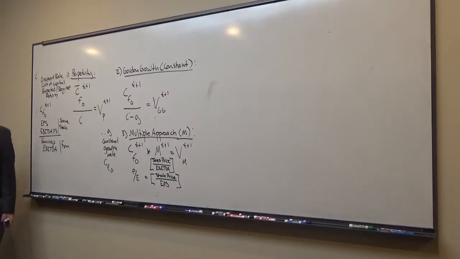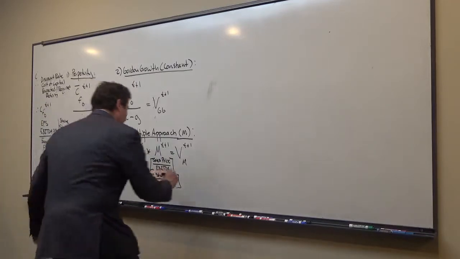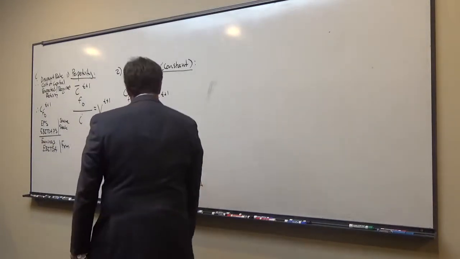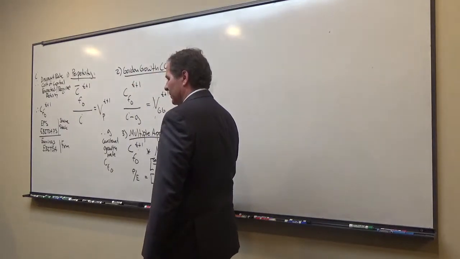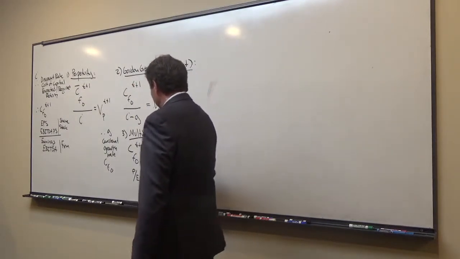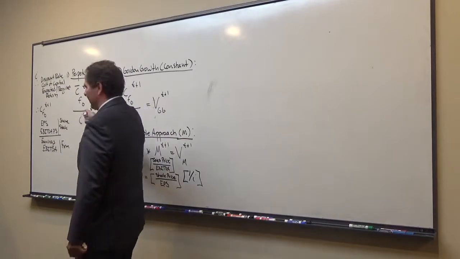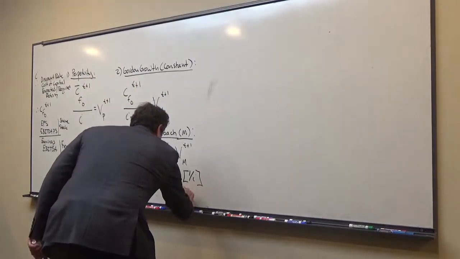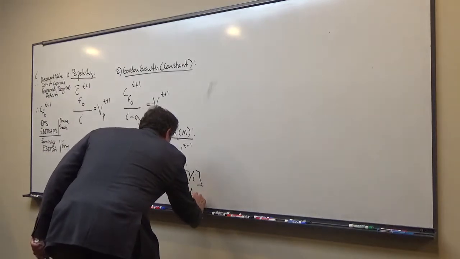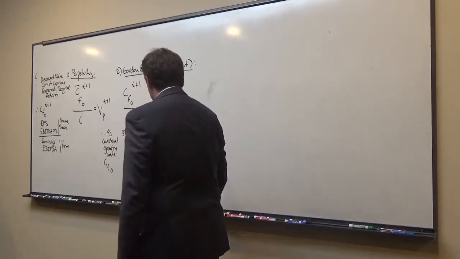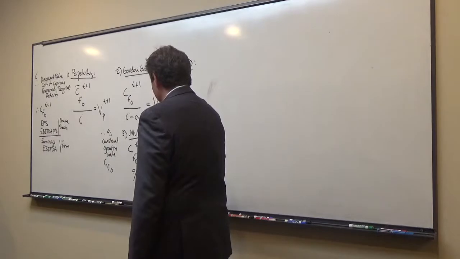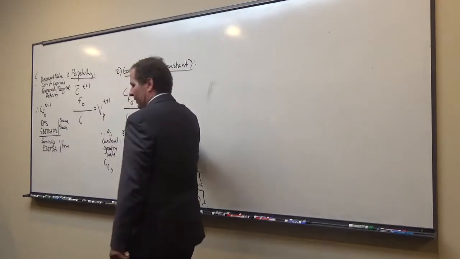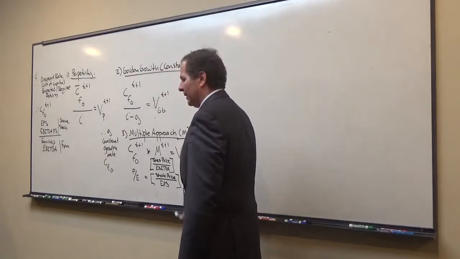And I can actually create another multiple, 1 divided by I. If I take that multiple times the cash flow, I get the perpetuity valuation. I can also create a multiple, 1 divided by I minus G. Take the multiple, multiply it by the same cash flow, and I get the Gordon growth valuation.